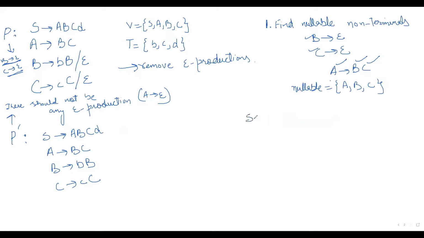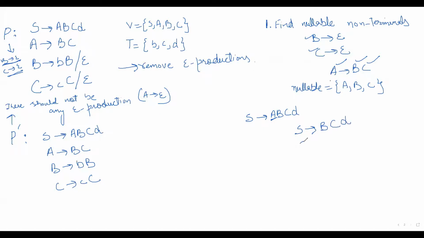For example, in this production, S gives ABCD, what are the different combinations that can be formed by replacing nullable non-terminals with epsilon? Let us replace A with epsilon. So the production will be S gives BCD.